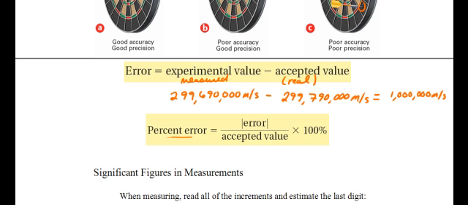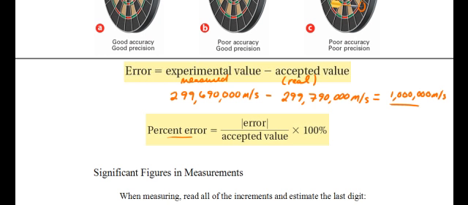Is that bad error? Well, not when you consider the fact that these are very, very large values. The difference of 1 million meters per second is actually fairly close to the accepted value. The percent error is the absolute value there. Now, if you remember, absolute value is simply taking your real value and making sure that it's a positive number.